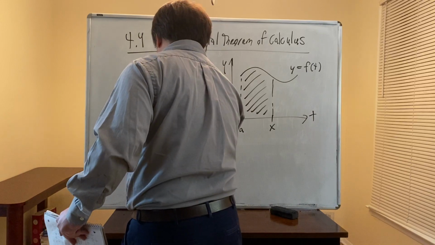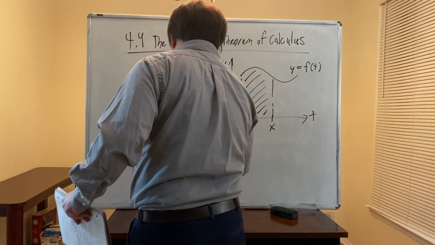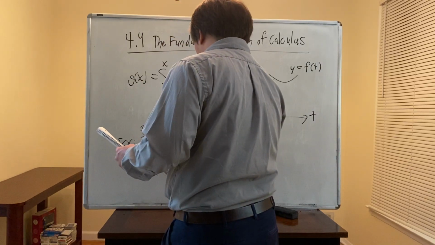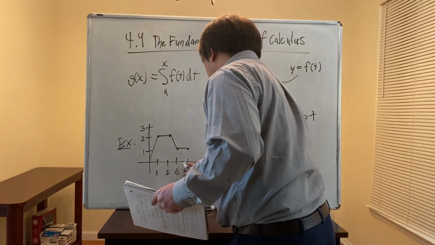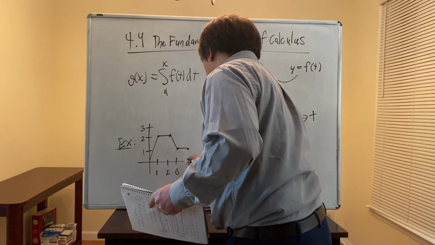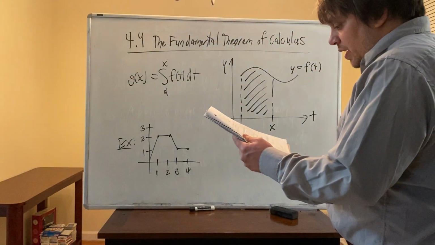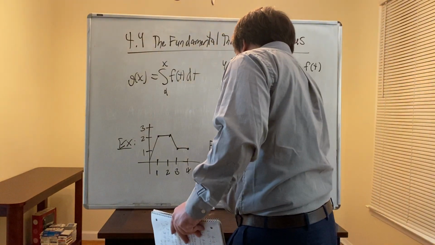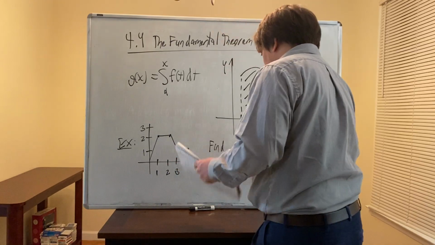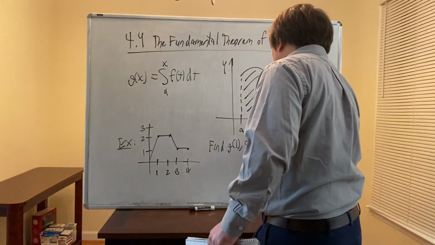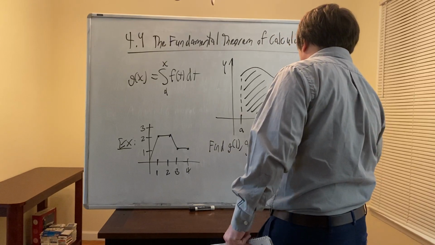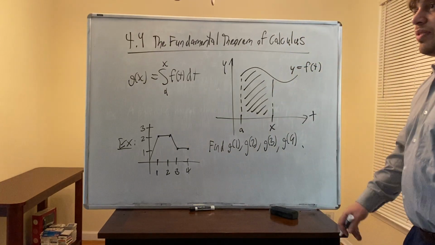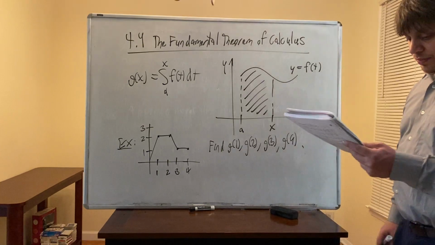So you have that, this, that. Then we want g of 1, g of 2, g of 3, g of 4. We're going to find each of those g values.